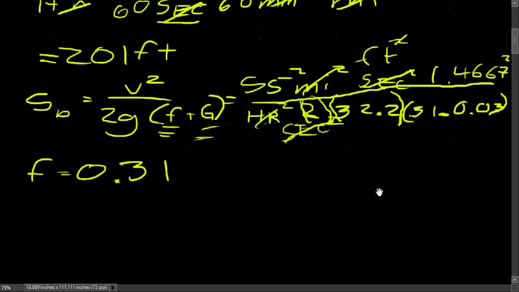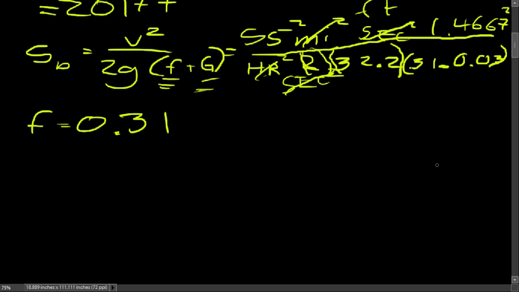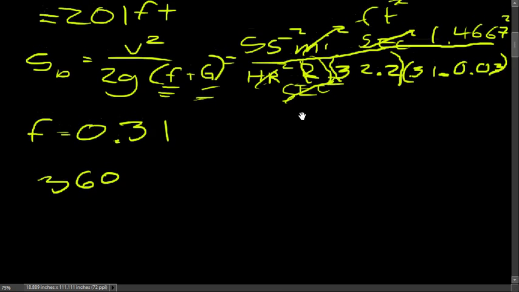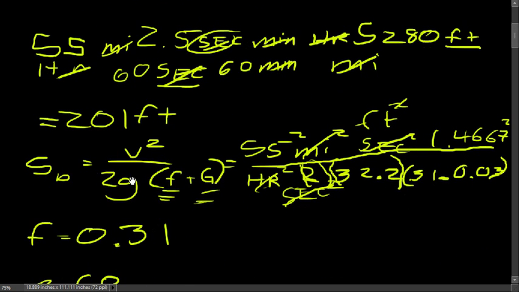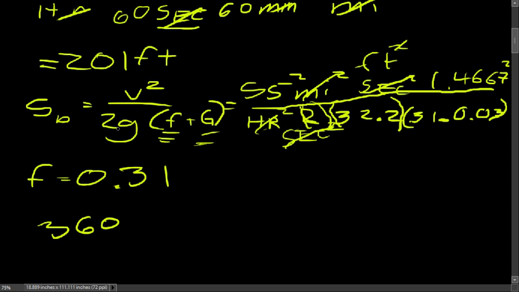So 360. Now we were originally asked what was the total stopping distance. Well, that is of course 201 plus the 360, and I'm not going to write any of that out. That's going to be 561. So that should be the answer to the question, 561.